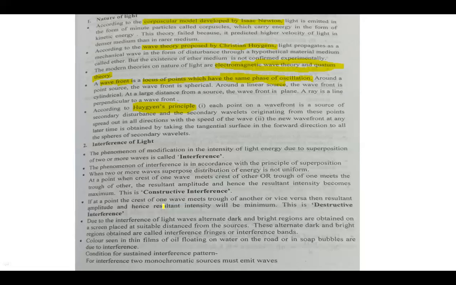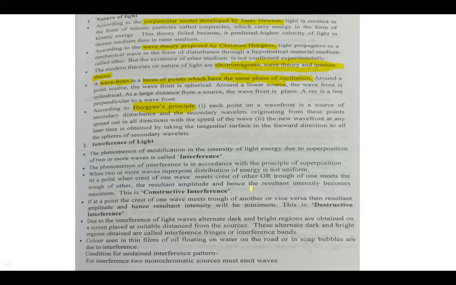The phenomenon of interference is in accordance with the principle of superposition. Under that we have constructive interference and destructive interference. In constructive interference, the resultant amplitude and the resultant intensity become maximum. If both become minimum, then it is destructive interference.